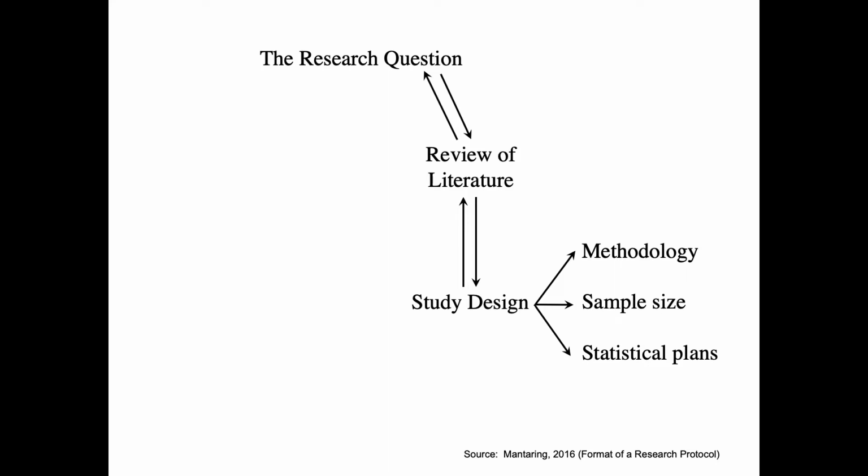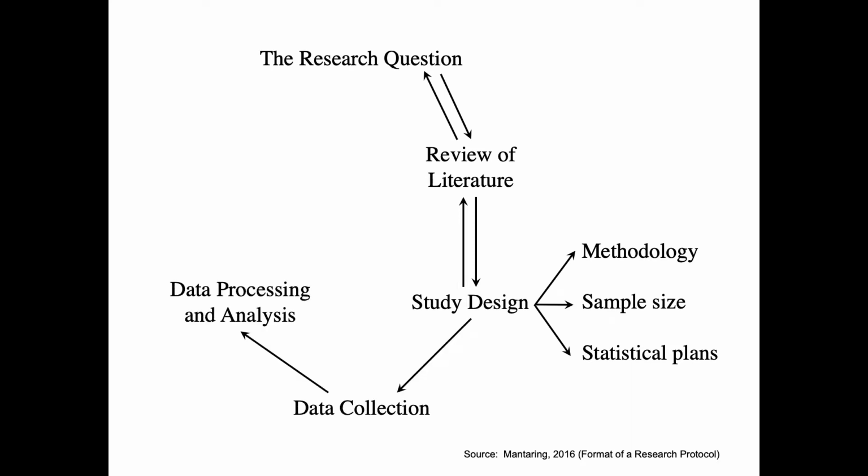You might also sometimes need to look at prior similar studies related to your research question so that you can refine your design even further. Once that is all done and you've obtained ethical approval and technical review of your proposal, you can now go ahead and collect your data.